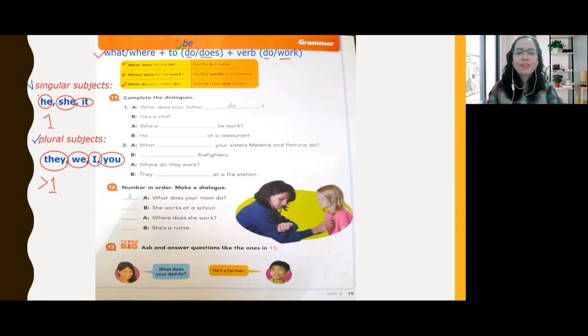Let me explain to you. We use singular subject here, he or she, in the question. So, in this type of question, we have to use to be does.